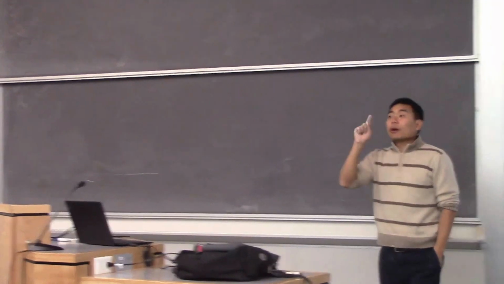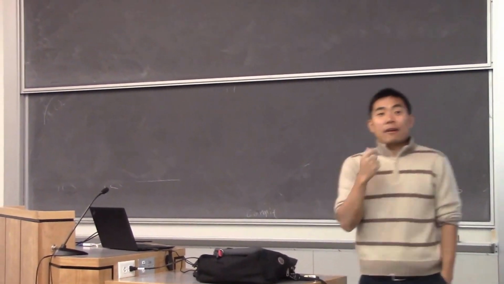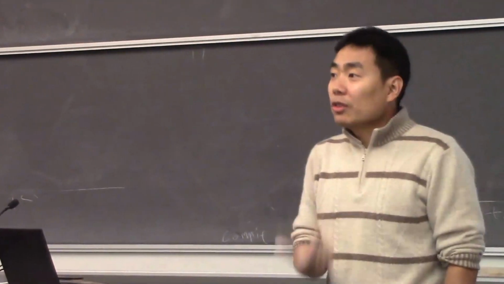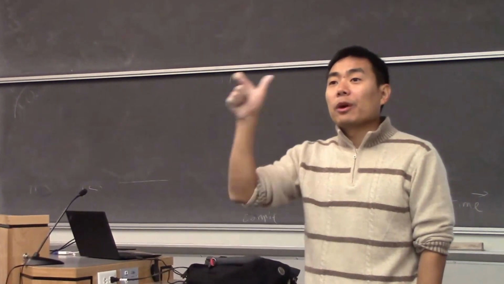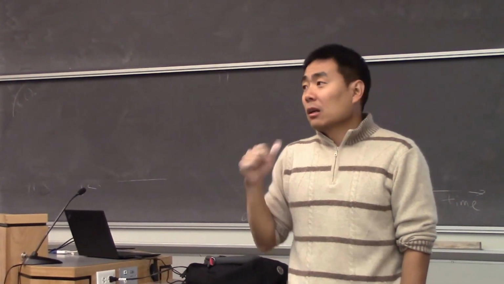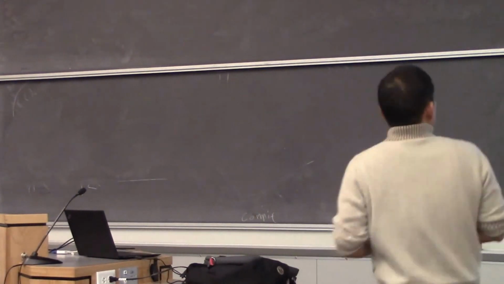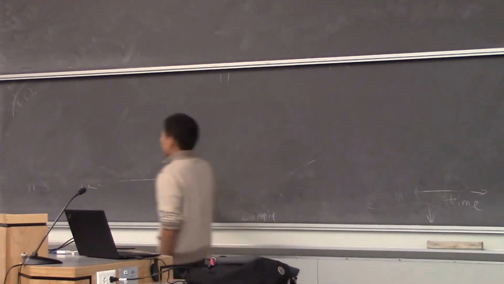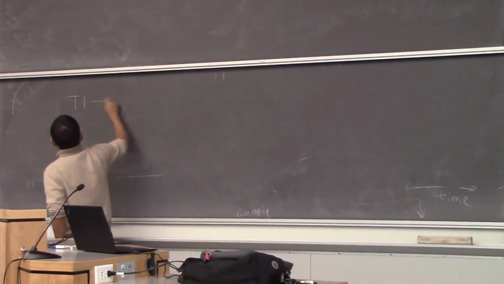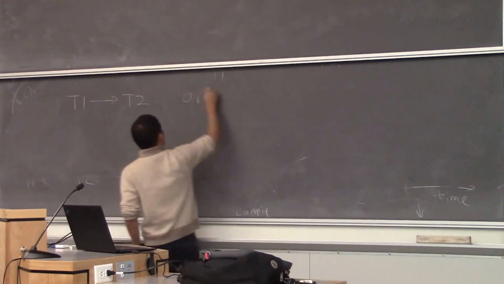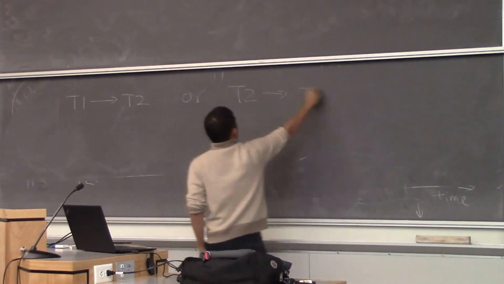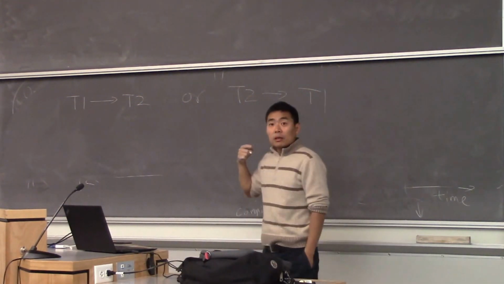Okay, so if you execute them in serial order, meaning that you do not have any concurrency in your system, you only allow serial execution of transactions, this is the easy problem, right? There's only 2 choices you have, T1 then T2, or T2 then T1.